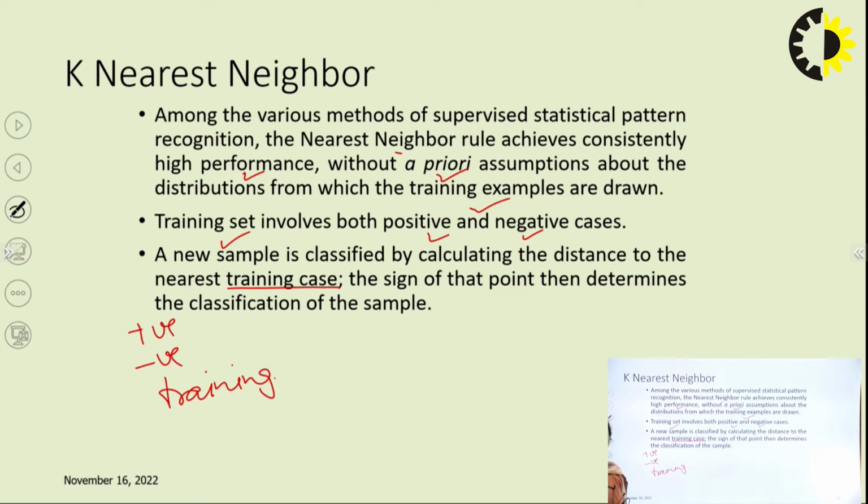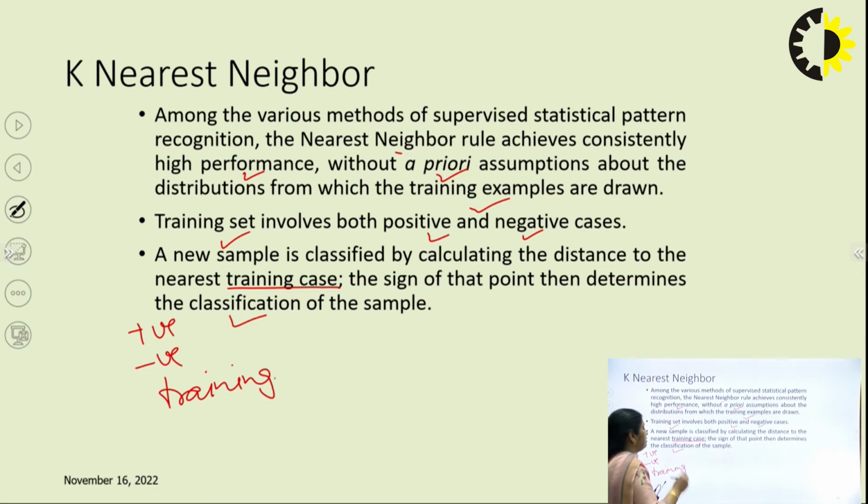So we will calculate the distance from all other cases, and the sign of the nearest point then determines the classification of the sample. So we will find the nearest one and classify according to that nearest one.